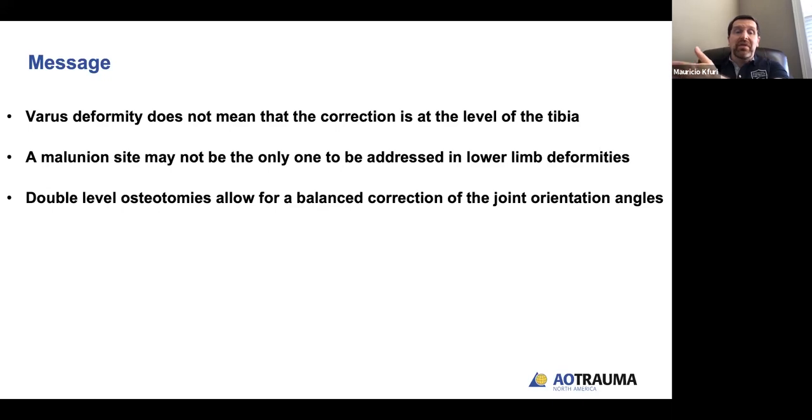You may have other things going on, and you have to have the complete evaluation and assessment of the lower limb. And to me, double-level osteotomies have been a big change in my practice since I started to understand the importance of the joint orientation angles and how to keep the joint balanced, not compromising or harming future surgical procedures for these patients.